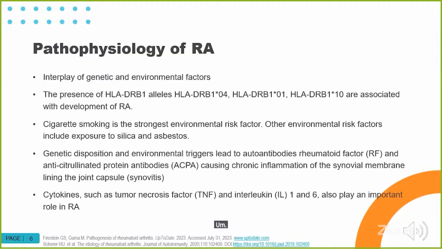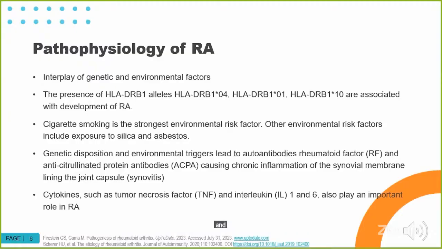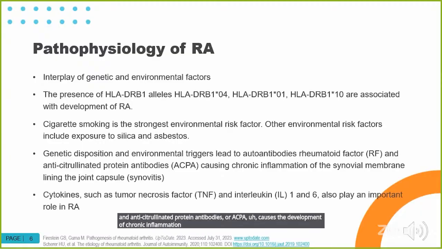So a combination of genetic predisposition and environmental triggers leads to autoantibodies, specifically RF, which is rheumatoid factor, and anti-citrullinated protein antibodies, or ACPA, causes the development of chronic inflammation of the synovial membrane that lines the joint capsule, leading to synovitis.